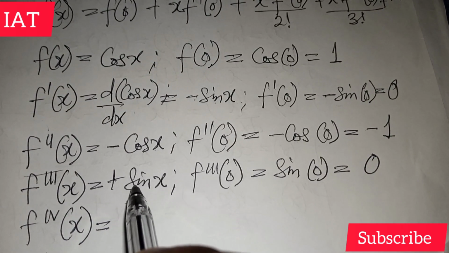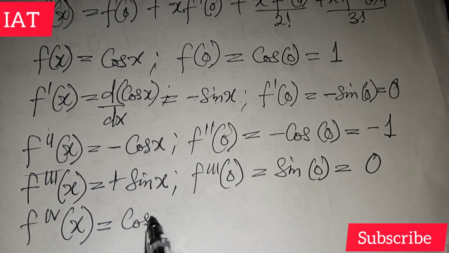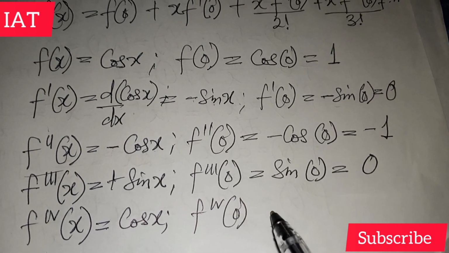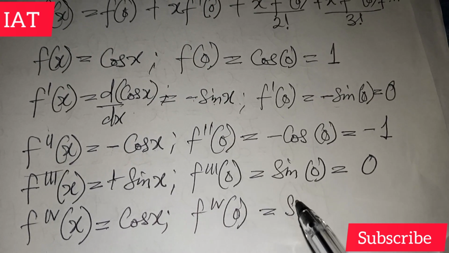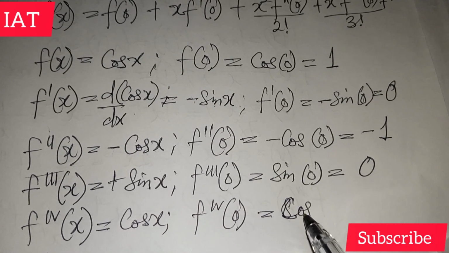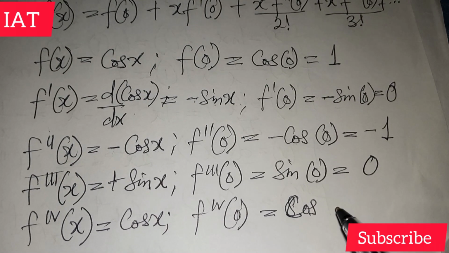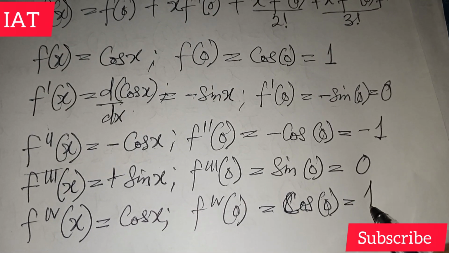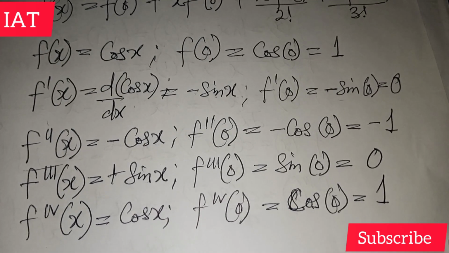Right? So you can actually check for the fourth derivative and also the fifth, as the case may be. In this case, the differentiation of sine x will be cos x. Right? So the fourth derivative, when you plot in 0 for x, we have cos x, which is cos 0, and the result will be 1. Alright?